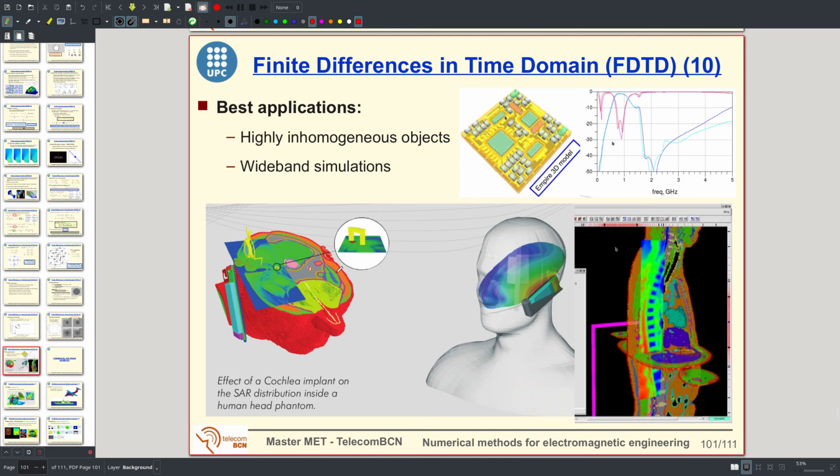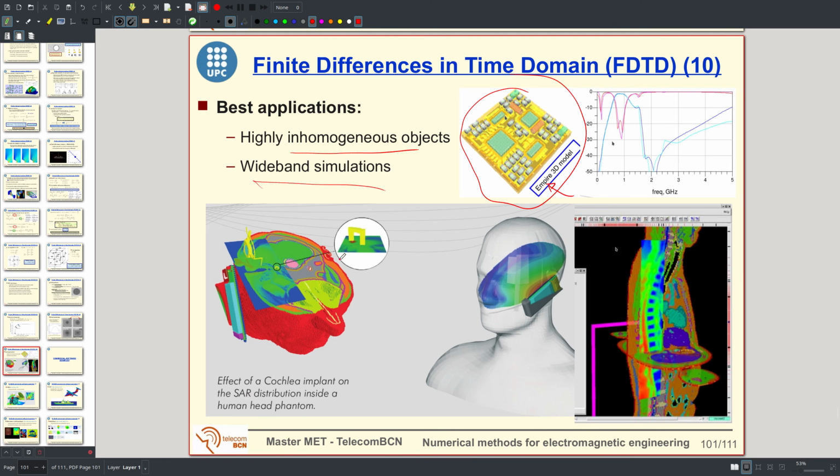There are many applications of this method. I told you that it is very good for highly inhomogeneous objects, like for example, imagine this printed circuit. This is an example that you can find in this commercial software.